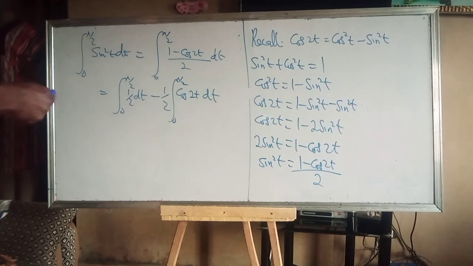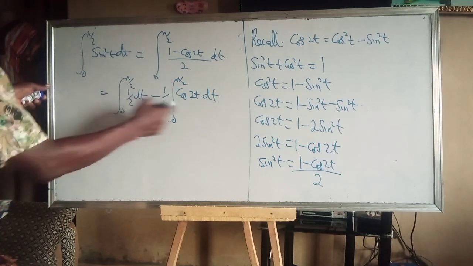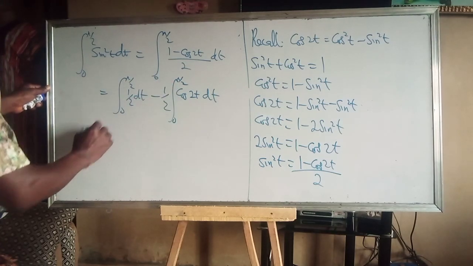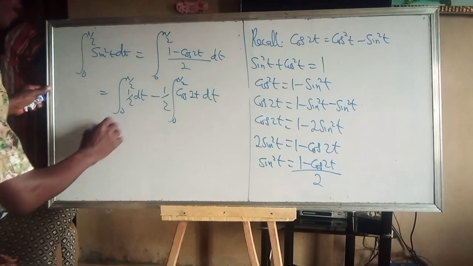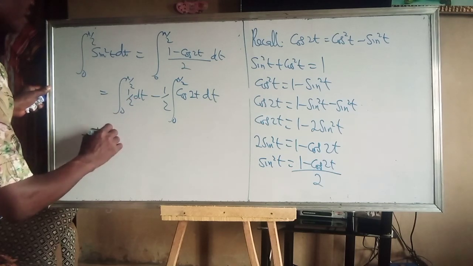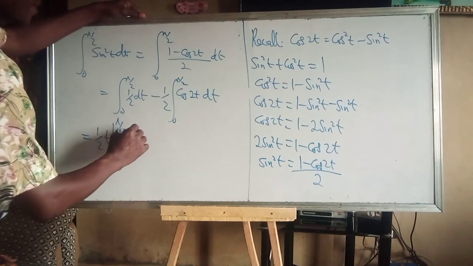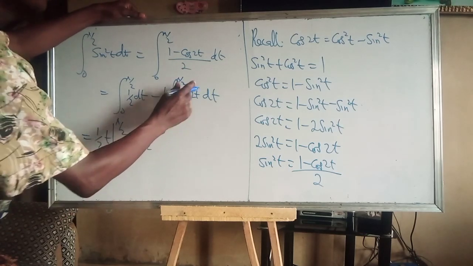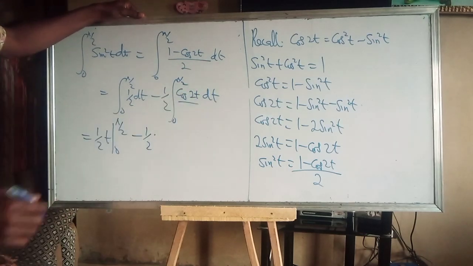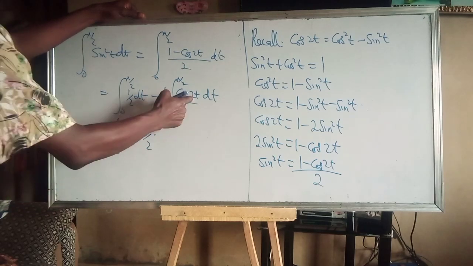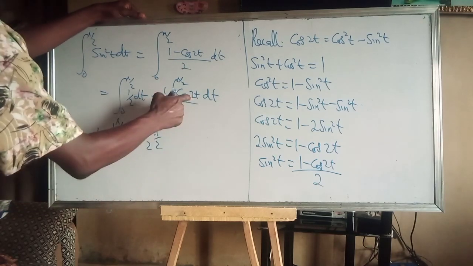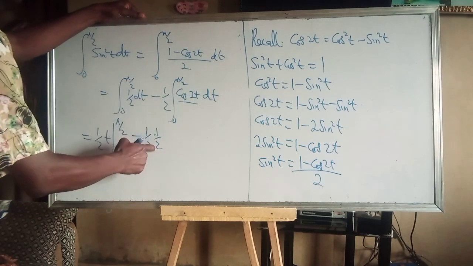Beautiful. So now you can integrate by saying that this will be half t from 0 to pi over 2, minus half times, when you integrate cos 2t, we divide by the number here. If it is 3, it will be 1 over 3 here.